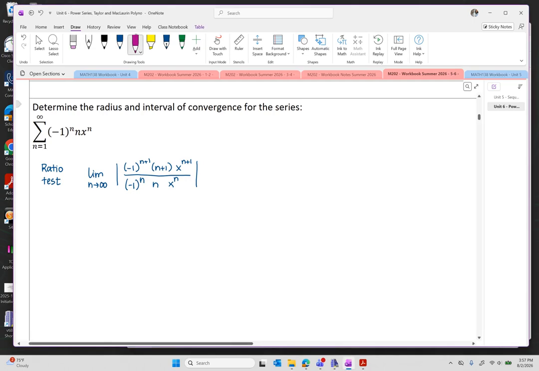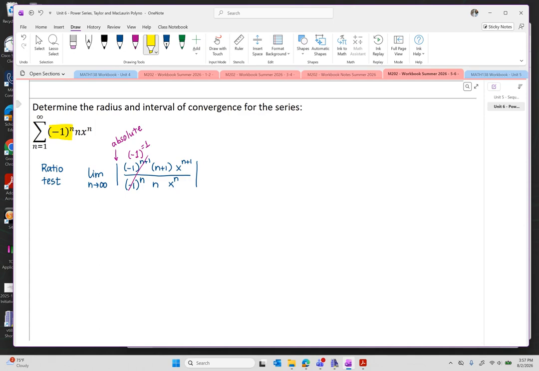Now we can simplify the negative ones, and we will end up here with a -1, but because the ratio test has an absolute value, the absolute value of -1 will equal 1, and therefore the sign change, so the -1 to some power is not really necessary when you are using the ratio test to take that limit.